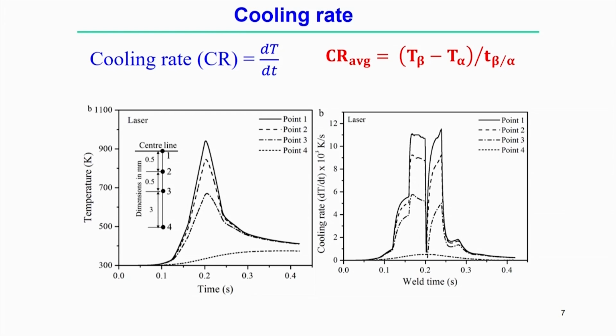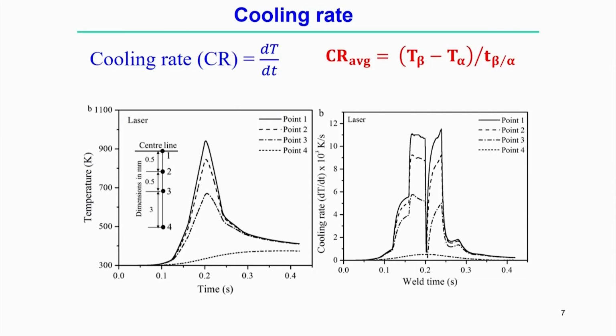If we convert this typical time versus temperature curve into the cooling rate dT by dt with respect to welding time, we find that the cooling rate varies. The slope is not constant; there is a continuous variation of the cooling rate, depending on the number of points, or the gap between the two points, we are considering. This is the typical cooling rate versus welding time, a variable cooling rate.